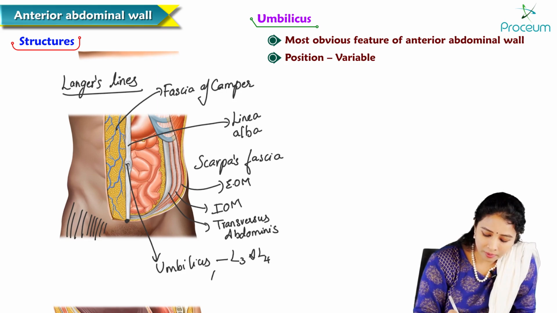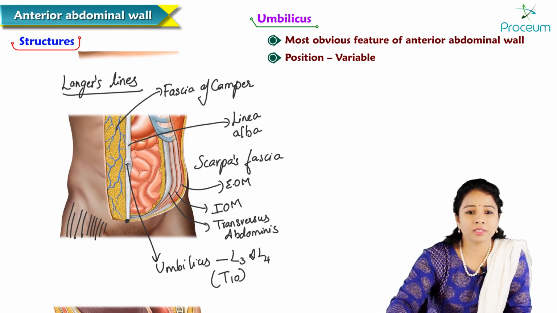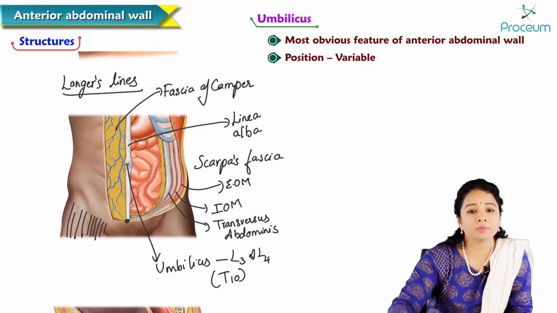So the skin around the umbilicus is supplied by the thoracic 10th spinal segment.